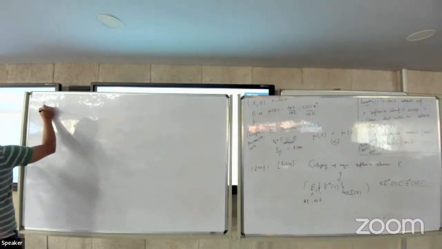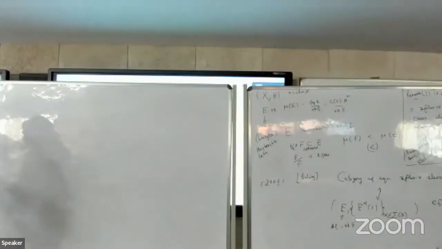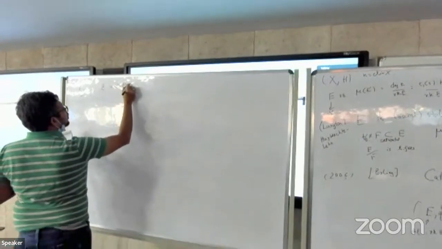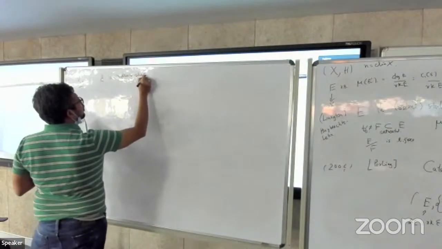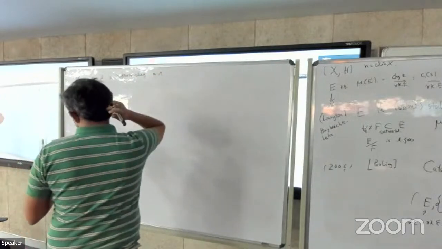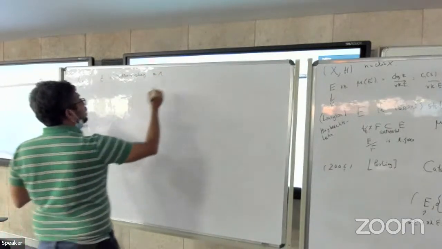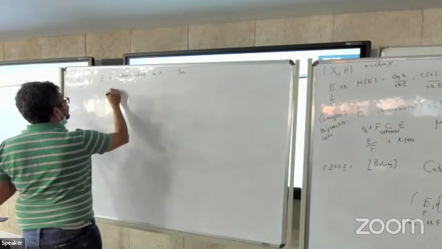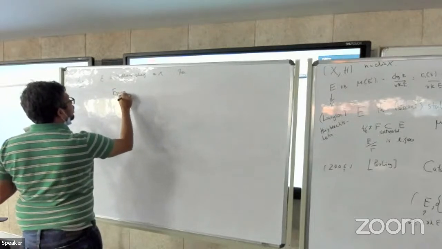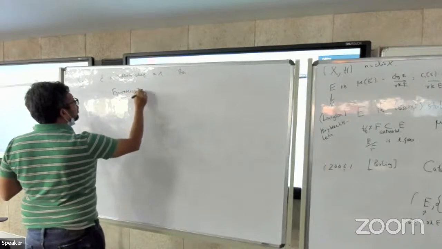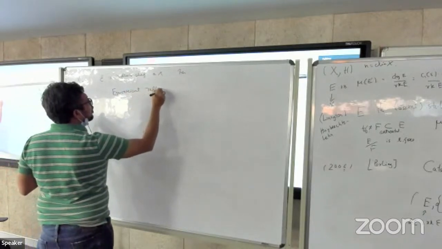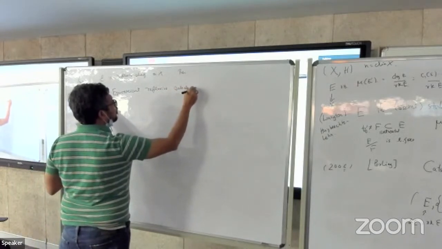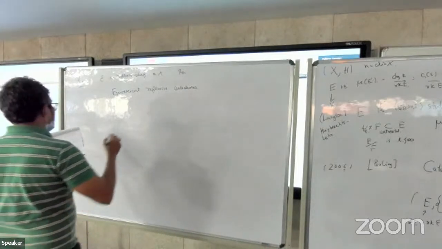So proposition. Suppose E is a reflexive sheaf. Then equivariant reflexive sheaf, and has a one-to-one correspondence.